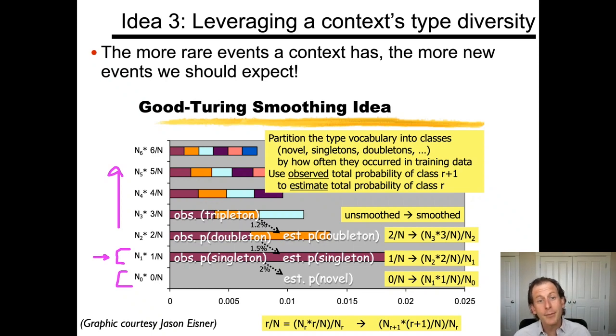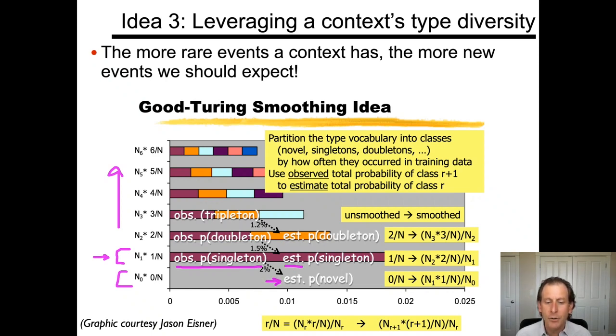And the conceptual idea about Good-Turing smoothing is that you treat possible events as events that have occurred a little bit more than they actually have. So you're going to use, for example, the overall count of singleton events for a given context as a basis for estimating the probability of events that have never occurred in that context.